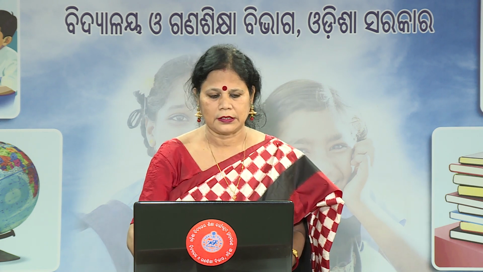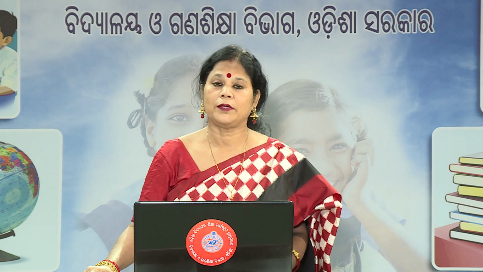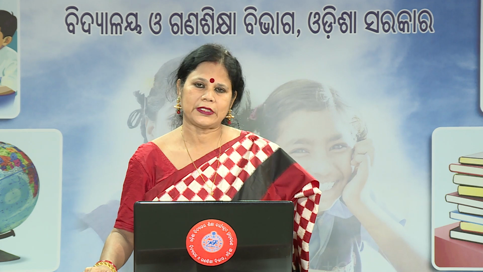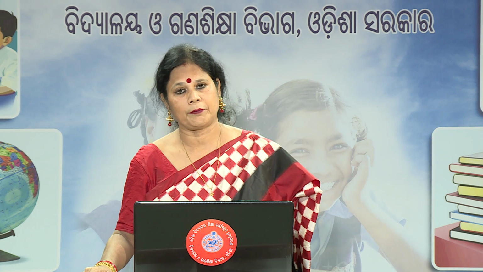Now, the second one, taking the dilemma by both the horns. Here both the consequents do not follow from their antecedents. So a dilemmatic argument is there and the opponent will refute the dilemma.